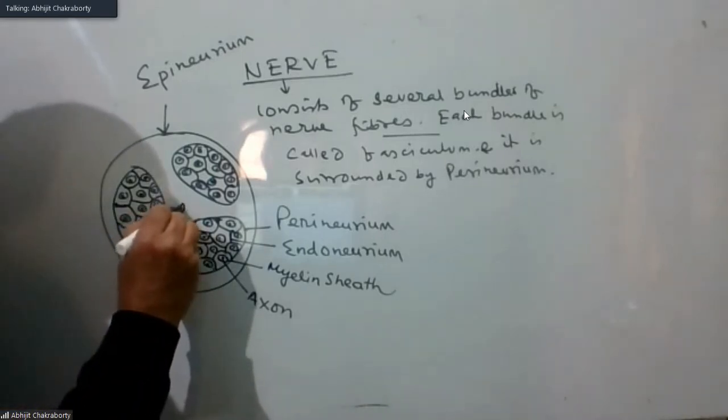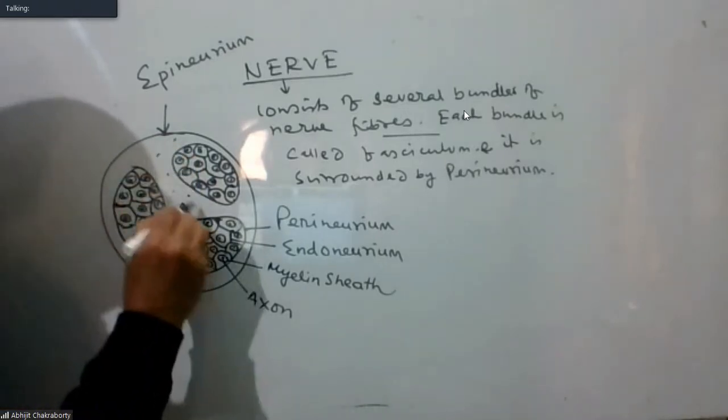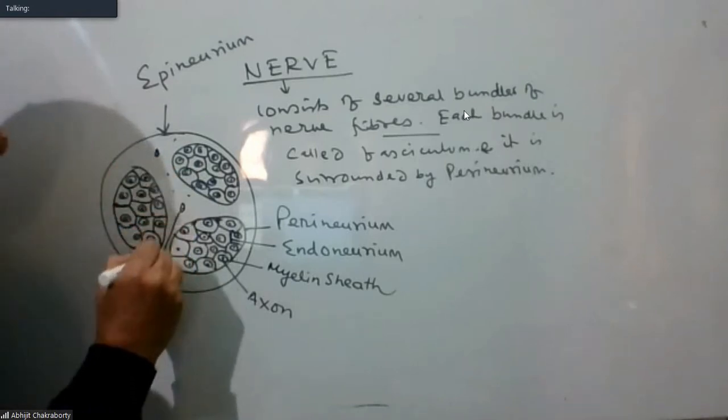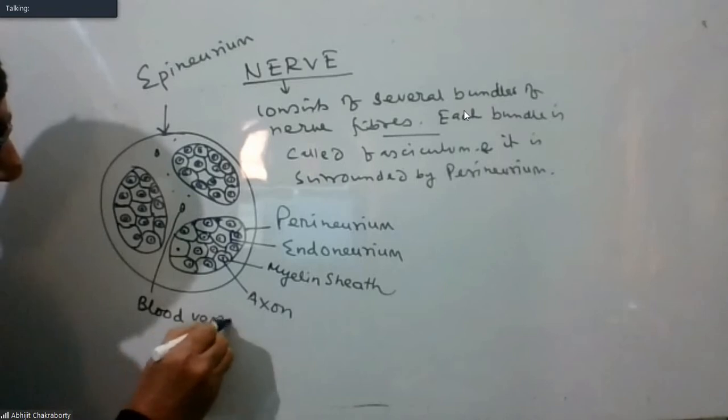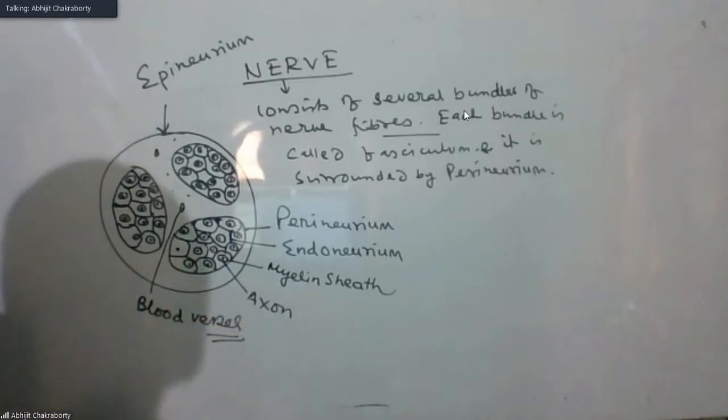Here you will get some blood vessel. This is what a nerve is.